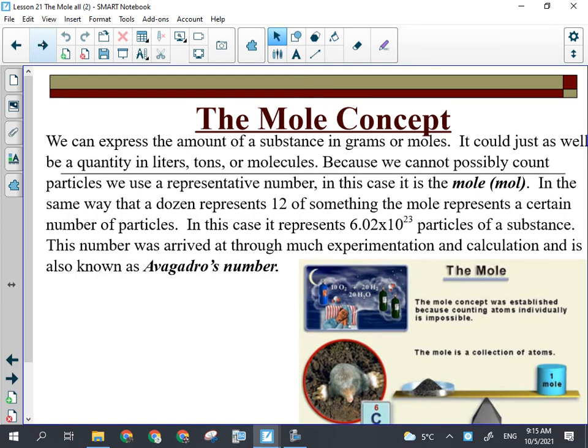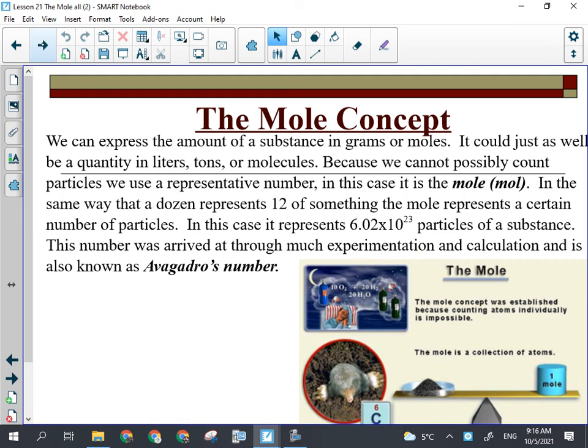So, like I said, we can express the amount of a substance in grams or moles or liters, but we cannot possibly count all of the particles in a sample. Even if you could see atoms, it would be an unfathomable number of particles in even the smallest amount of something.